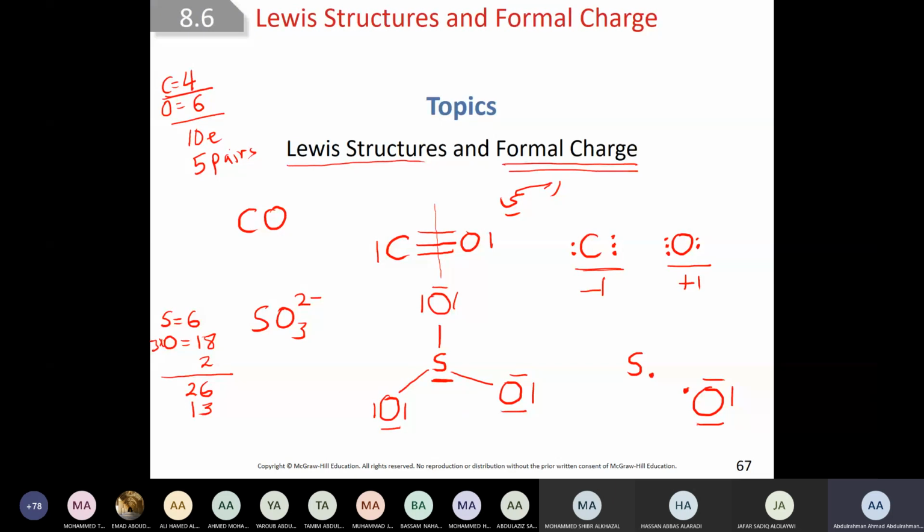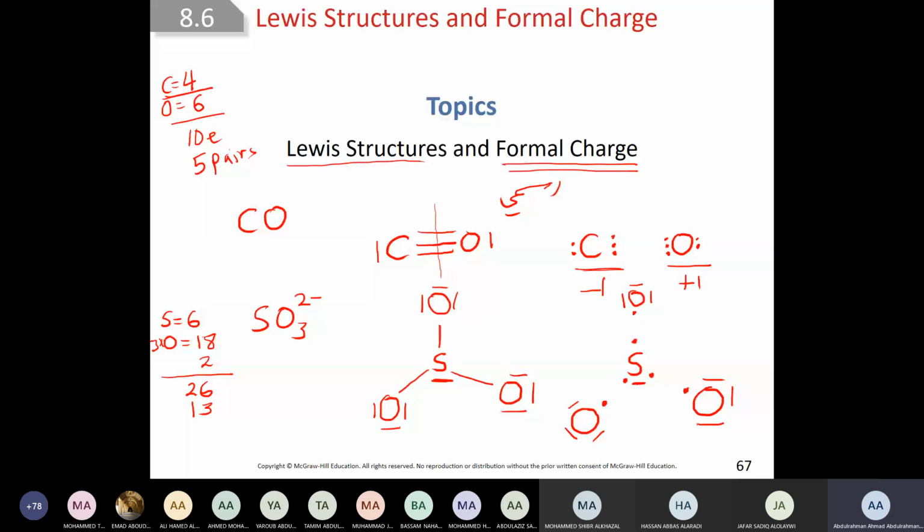And one electron here, one electron here, and this is the oxygen. And again, and one here, and there is oxygen, and then I have an extra pair here, or 2 electrons, on the sulfur as well.